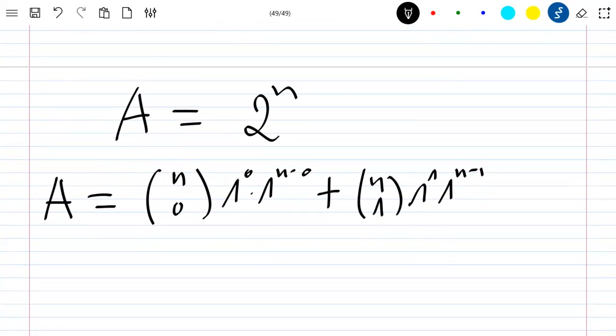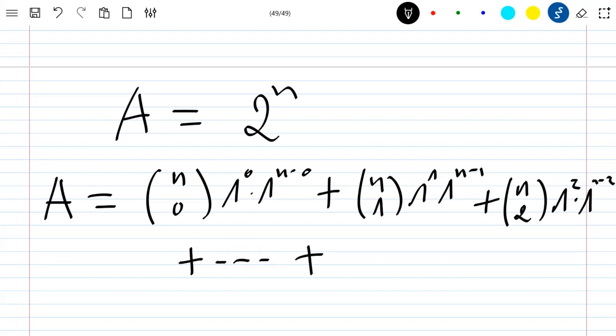Now plus, if I go to another coefficient, I will have n choose 2 times 1 squared times 1 power n minus 2. I still have the same thing. If I continue like this, I will go until plus n choose n times 1 power n times 1 power n minus n.